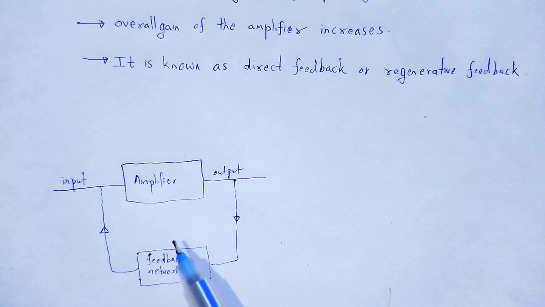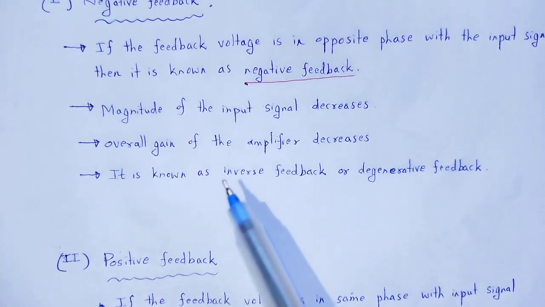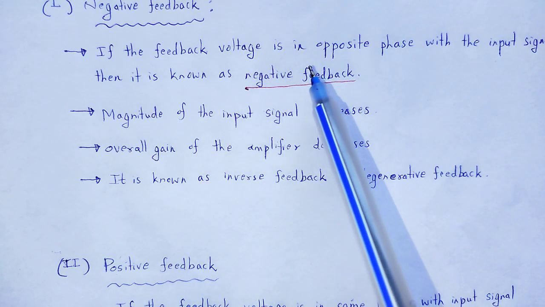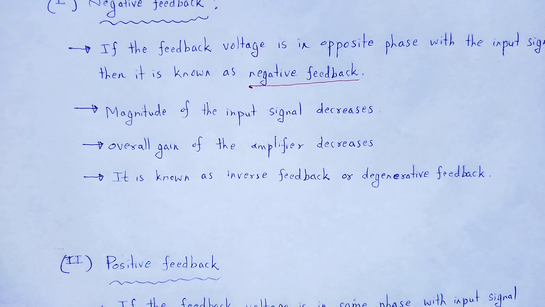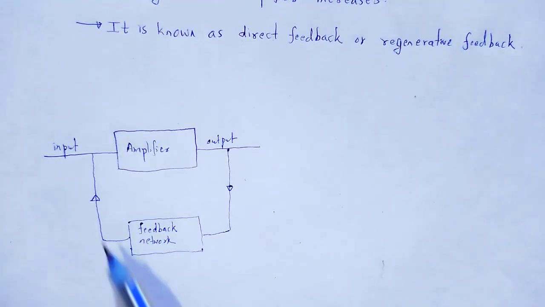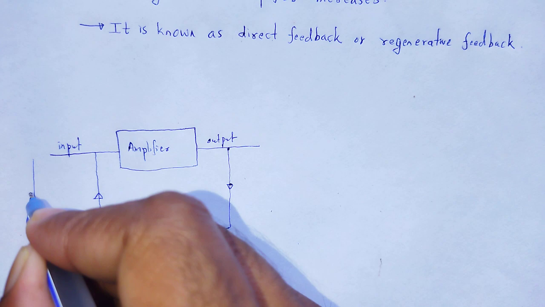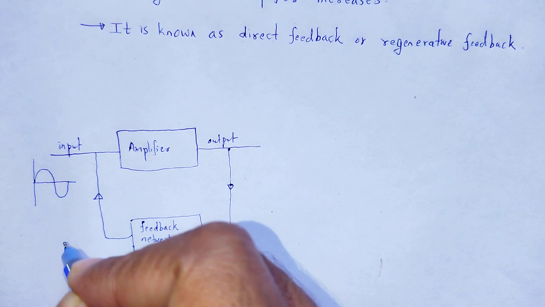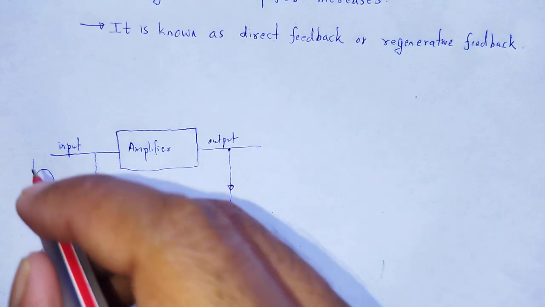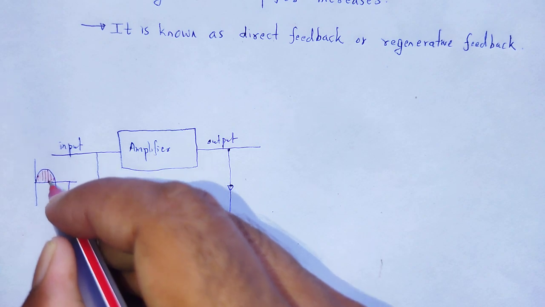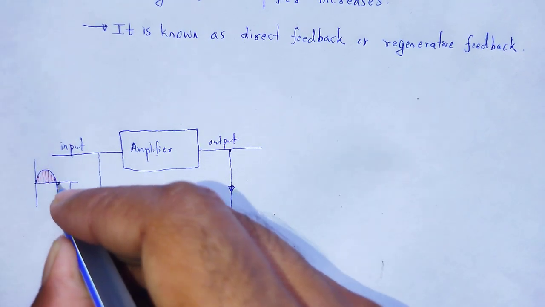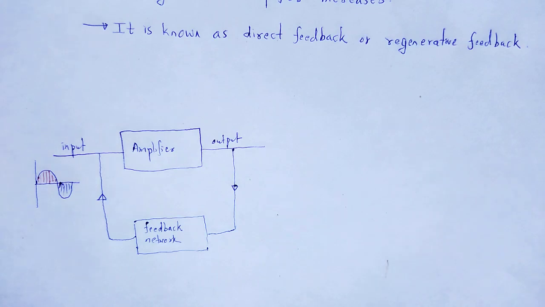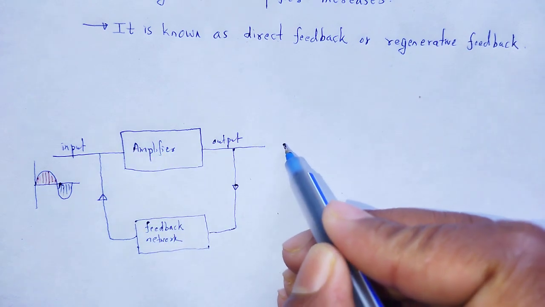In case of negative feedback, the feedback voltage is in opposite phase with the input signal. If I take the input signal, positive half cycle, negative half cycle, as we use an amplifier, that signal is amplified.